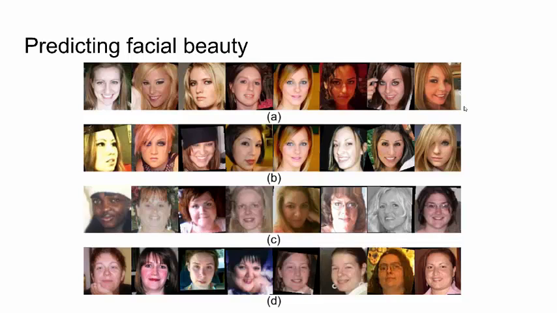Okay, so the task is to predict which woman is considered beautiful, what face actually is considered beautiful by a human. What I want you to think is what type of technique was used in order to teach machine learning to do this separation.